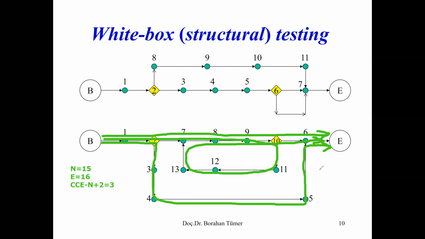Okay. Do you understand that? Do you understand how we can find the cyclomatic complexity out of the number of edges and number of nodes in a given control flow graph? Okay, great. So then let's continue.